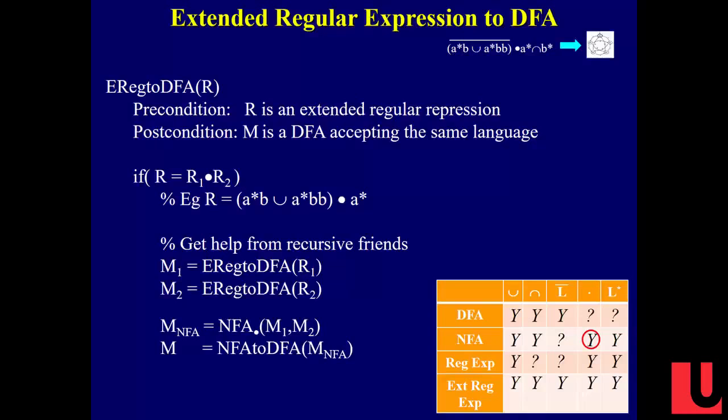So I convert my two DFAs into an NFA that does their concatenation. Now I have an NFA, and then we do our subset construction to convert our NFA into a DFA, and we're ready to go home. And we return that. Everybody get that?